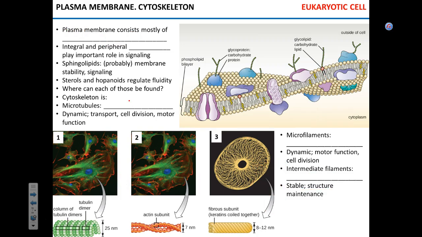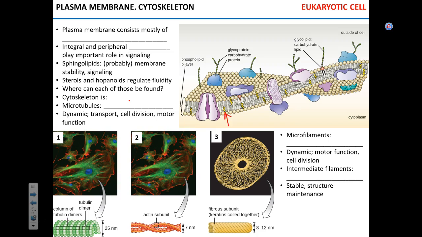Now the membrane is not very much different, or not at all different, from the membrane of the prokaryotes, except that its fluidity, how rigid it is, is regulated by sterols, not hopanoids. So membrane is phospholipid bilayer, contains sphingolipids.